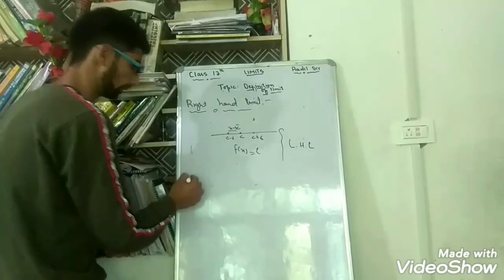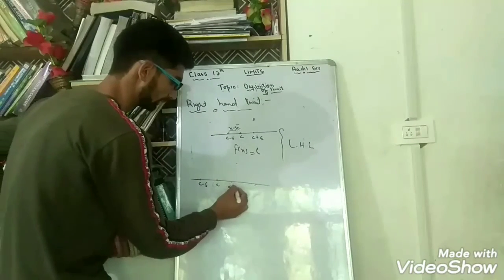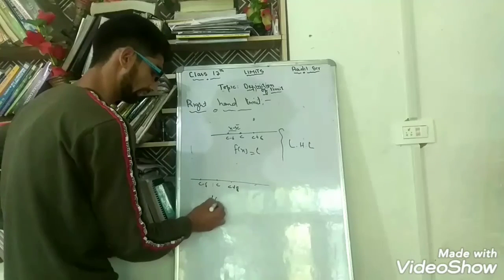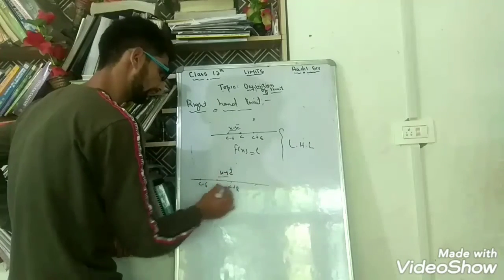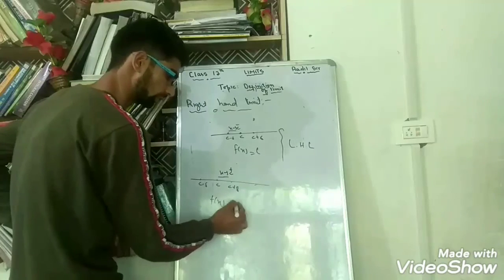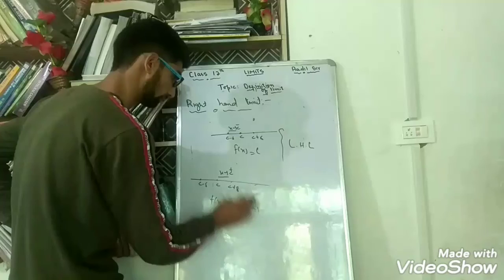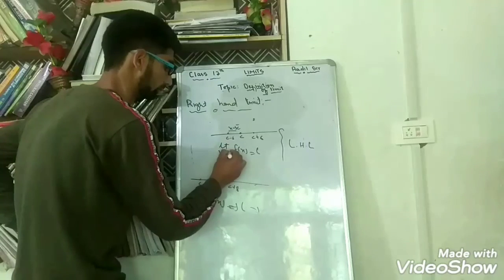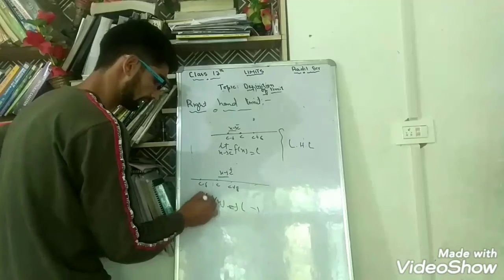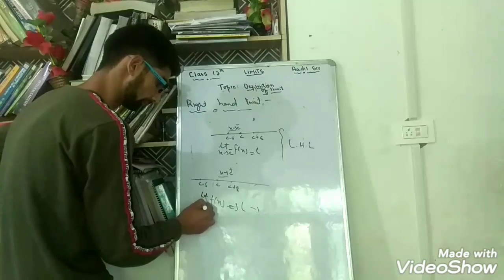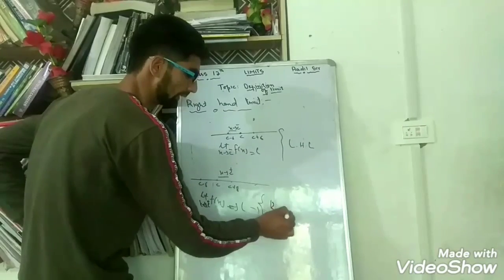And if x tends to c positive, f of x tends to L. We call this the right hand limit.